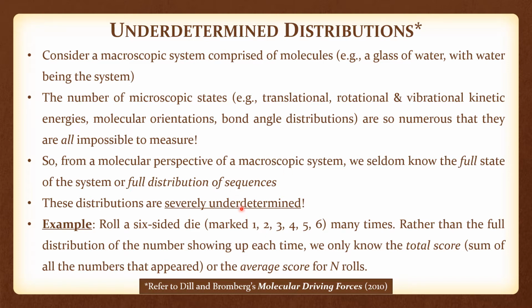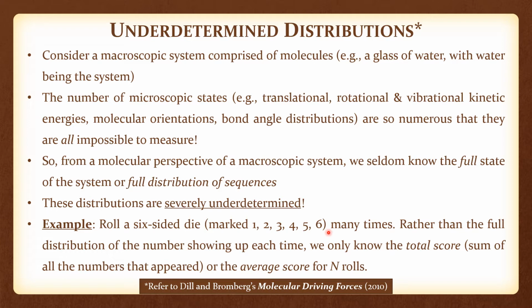To understand this, let us consider rolling a six-sided die. Each side is marked 1, 2, 3, 4, 5, 6. So if side number 1 comes up, the number on top that you see is 1. If side number 2 shows up, the number you see on top is 2, and so on.